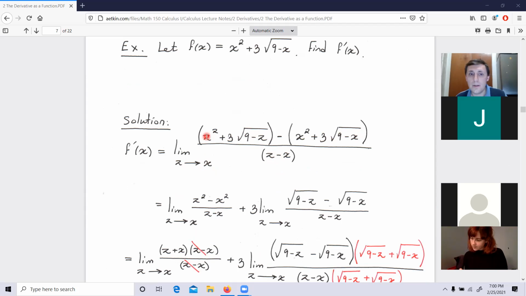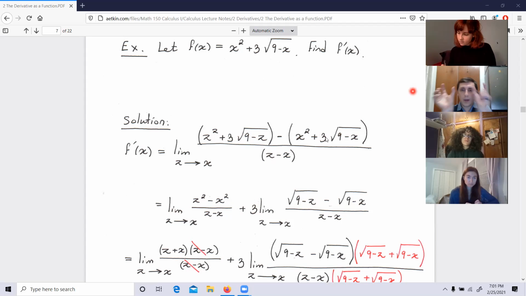Same as before, you group like with like. Look at it. z squared and x squared I group together, and I move the z minus x underneath. Here I group root of 9 minus z and root of 9 minus x together. Okay, guys, this step, you should almost have it immediately. It's just algebra, right? I'm sure some of you are confused.